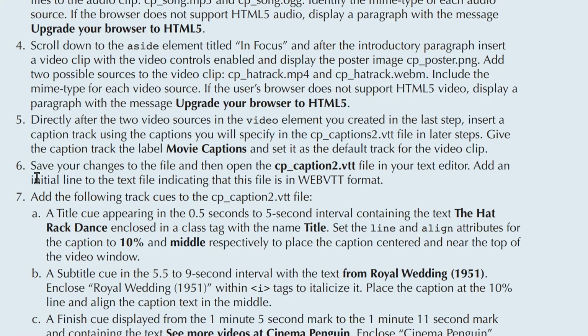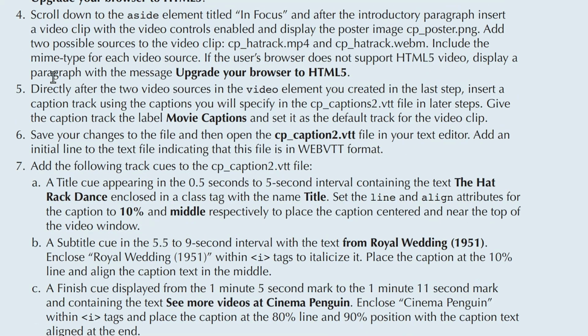So back to the instructions. Next, in step 4, we're going to scroll down to the aside element that's titled In Focus. And after the introductory paragraph, insert the video clip with video controls enabled. We'll also want to display the poster image, which is going to be cp_poster.png.